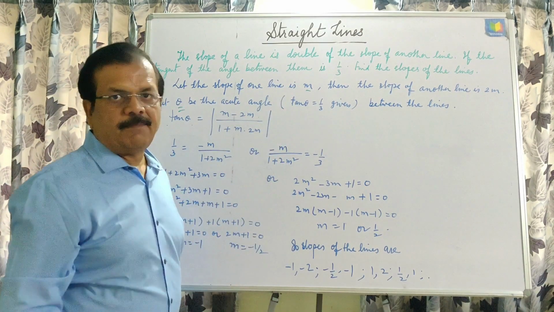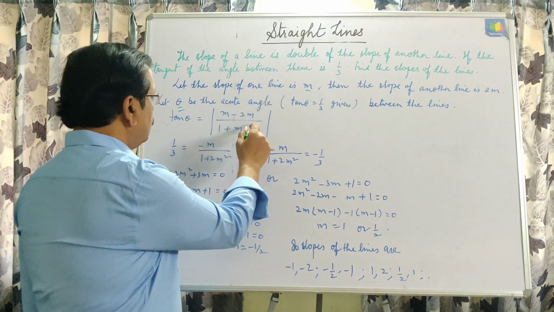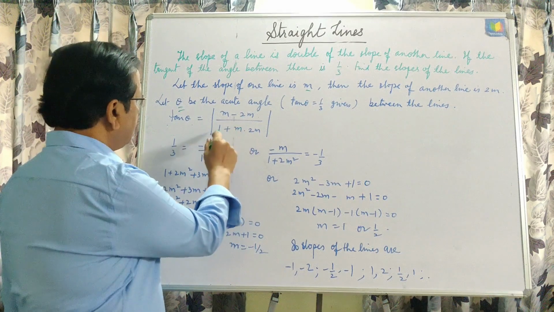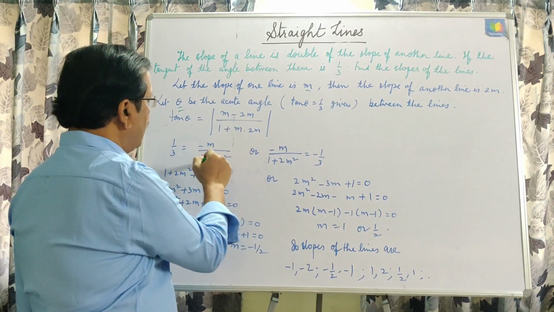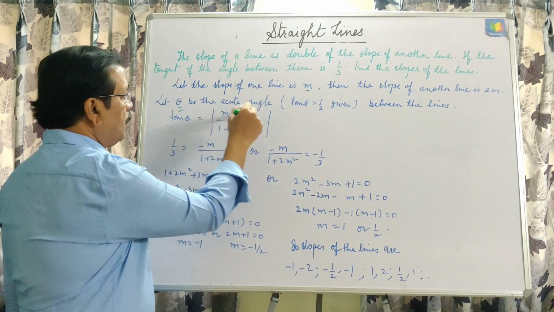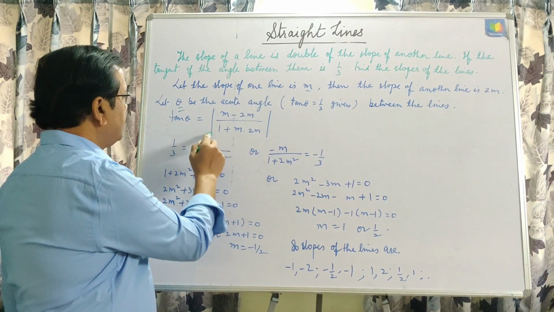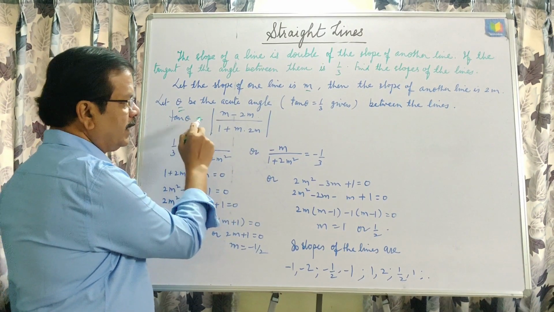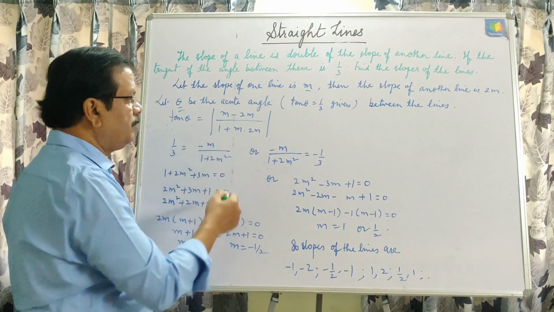One slope is m, then another twice this is given, that is 2m. Using this formula, then this is 1 by 3, substituting this value, minus m upon 1 plus m square, and then this is the mod, and whenever we come out of the mod, once this value will be taken positive, and then another time this value will be taken negative, because in both cases mod can be used.